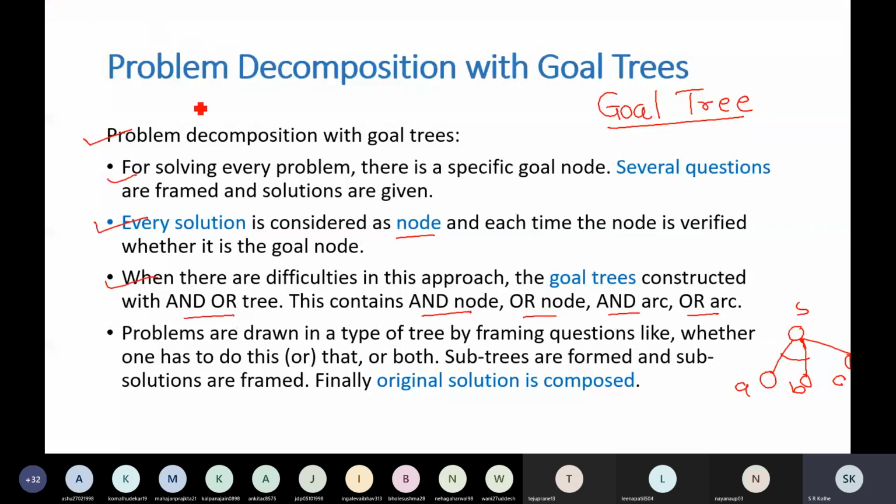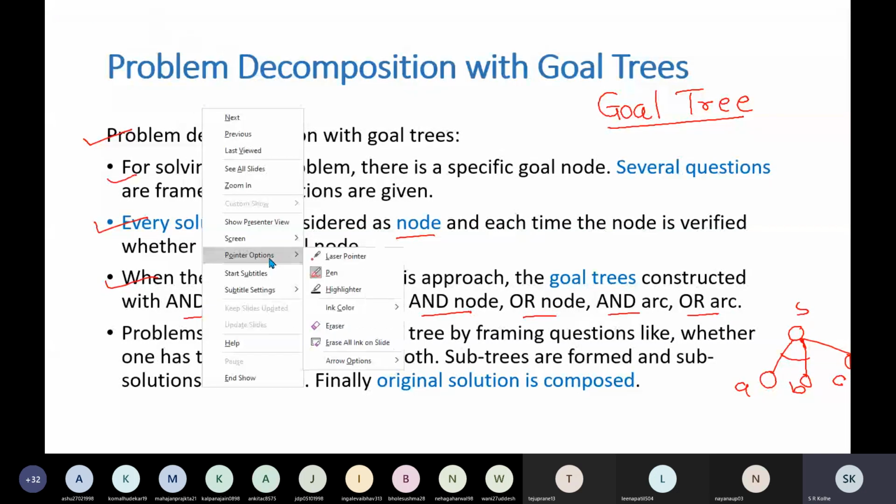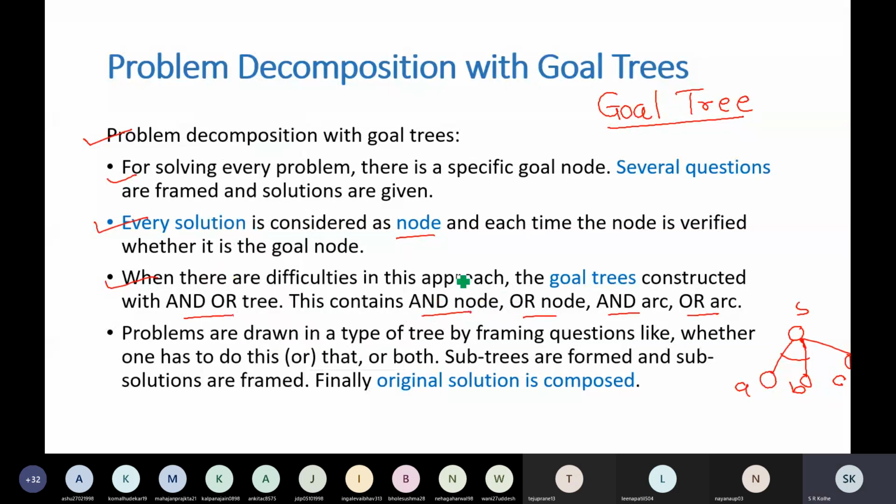I will change the color. Come to this. This is AND arc, and this is OR arc. If nothing is there, that means that is an OR arc.